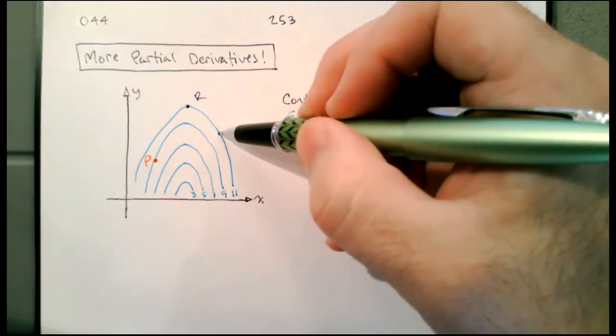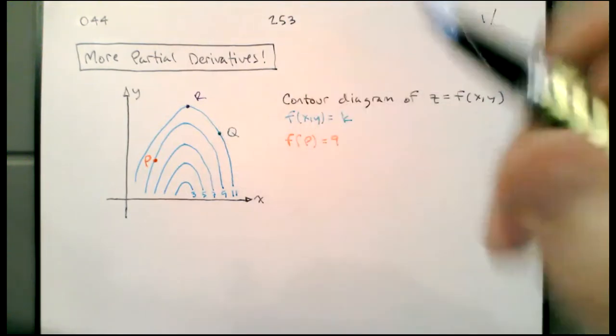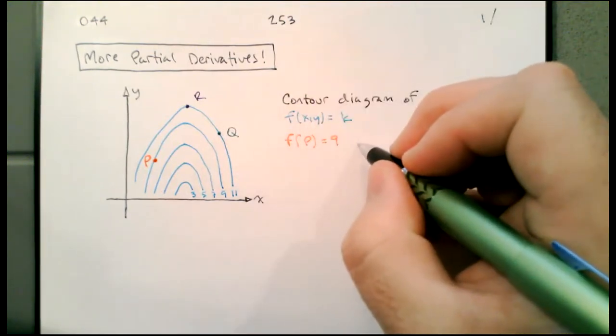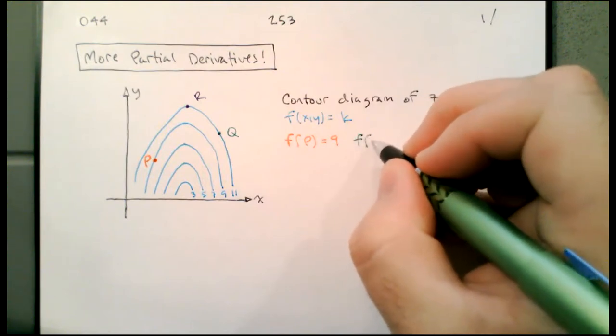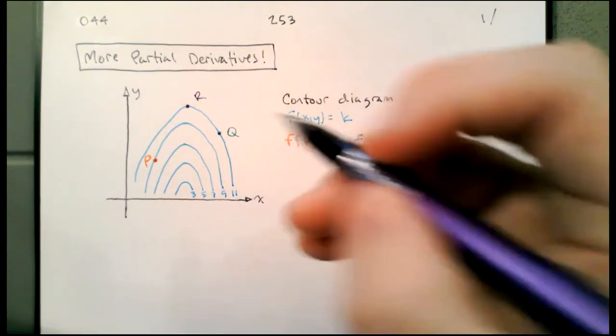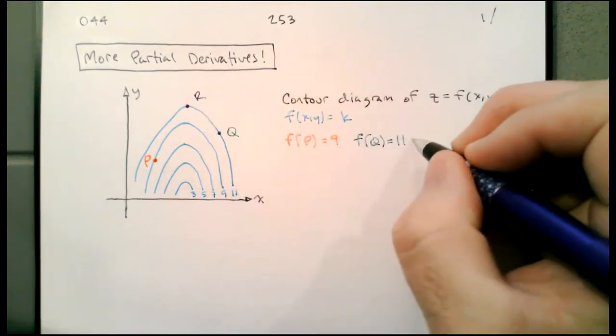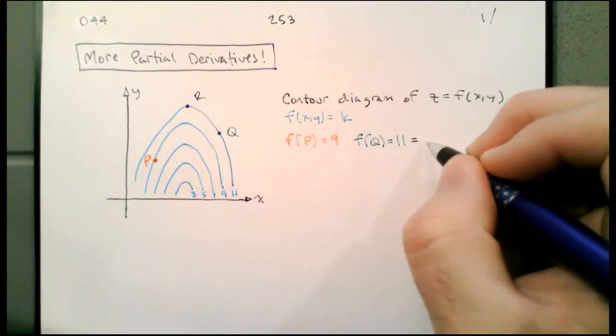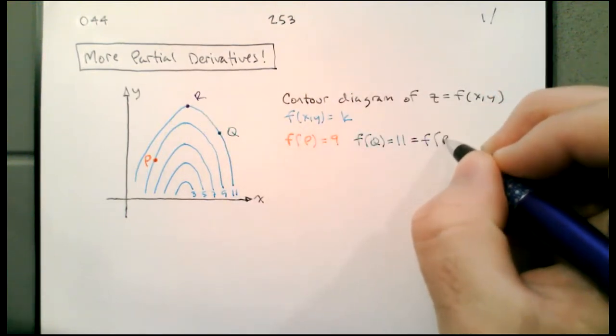We look at the point Q. Q is on the 11 contour, so f of Q is equal to 11. And R is also on the 11 contour, so f of R is also equal to 11.